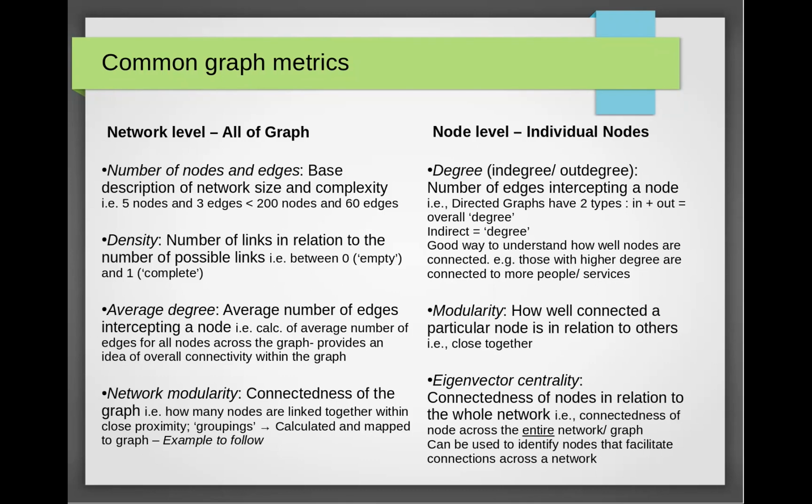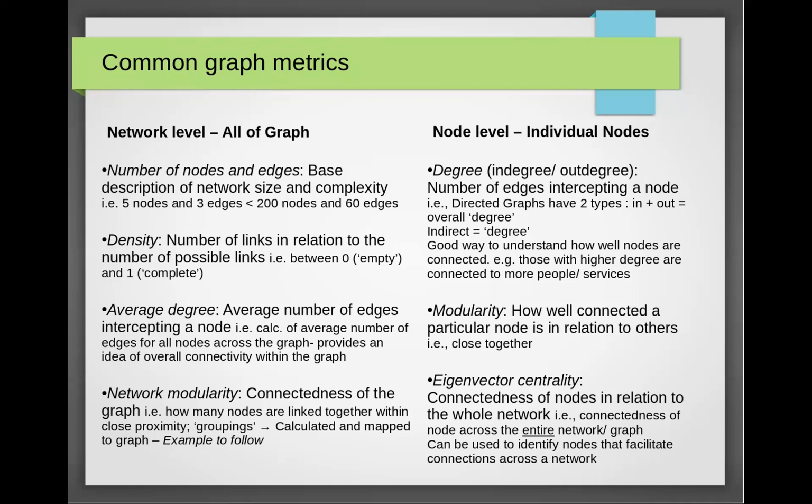So as you can imagine, something with 5 nodes and 3 edges is a lot smaller and less complex than something with 200 nodes and 60 edges. And commonly a large graph would be something with 200 plus nodes, just to give you an idea of scale.